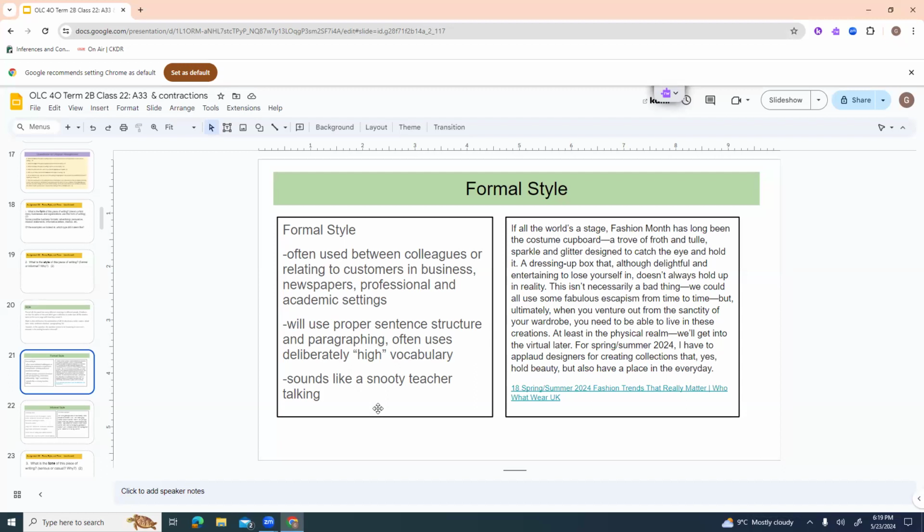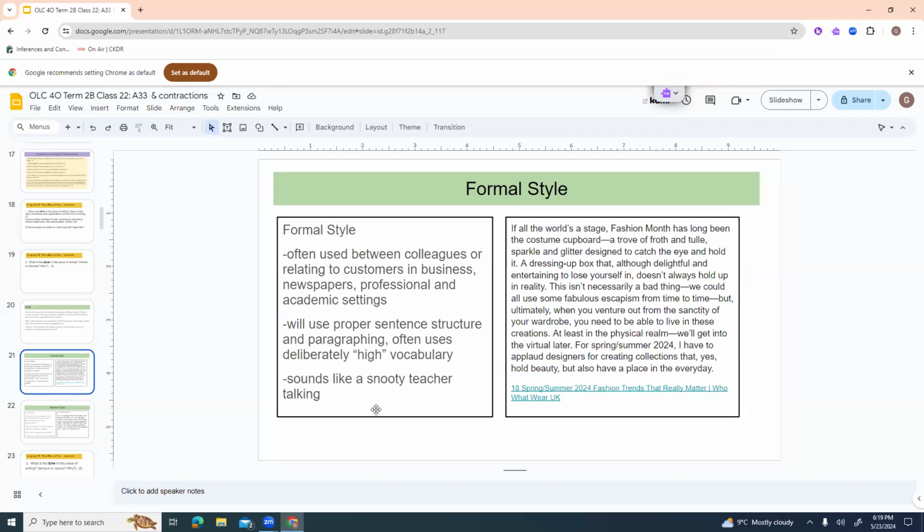So here's an example on using fashion. If all the world's a stage, Fashion Month has long been the costume cupboard, a trove of froth and tulle, sparkle and glitter, designed to catch the eye and hold it up. A dressing up box that, although delightful and entertaining to lose yourself in, doesn't always hold up in reality. This isn't necessarily a bad thing.